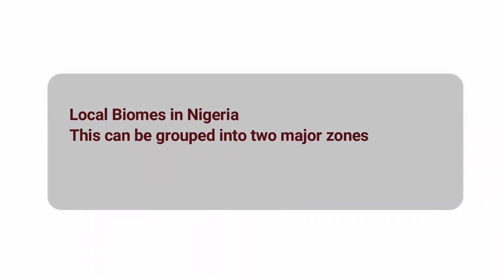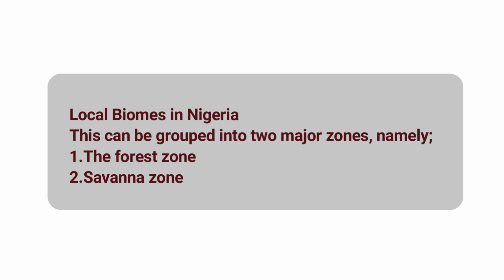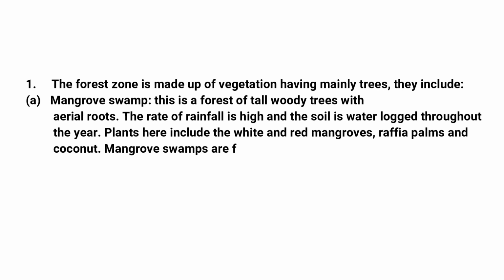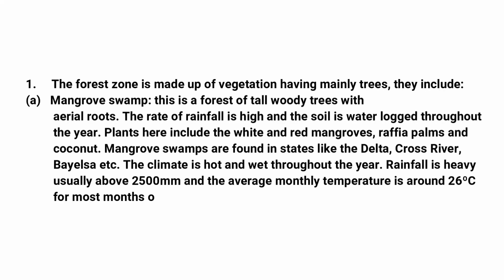Local biomes in Nigeria. These can be grouped into 2 major zones, namely the forest zone and the savanna zone. Now, the forest zone is made up of vegetation having mainly trees. They include mangrove swamp. This is a forest of tall woody trees with aerial roots.